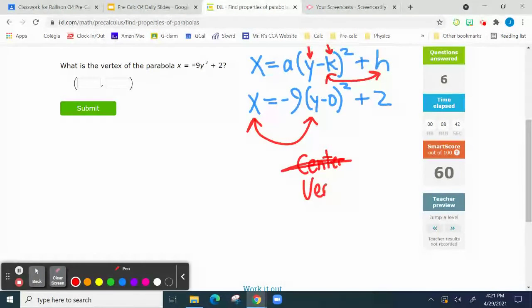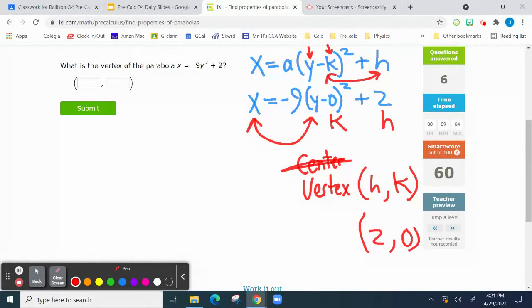The vertex is still h comma k. H is still the x component, okay? So the vertex of this parabola, this is our h, and that's our k, right? So the vertex of this is going to be 2, 0.